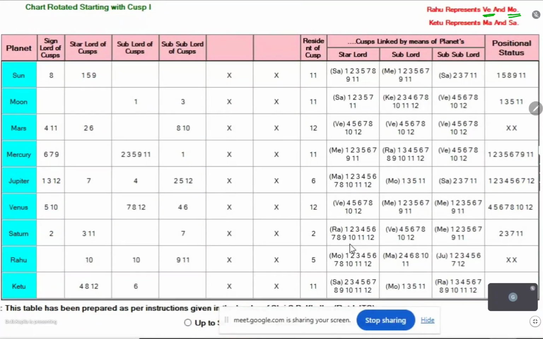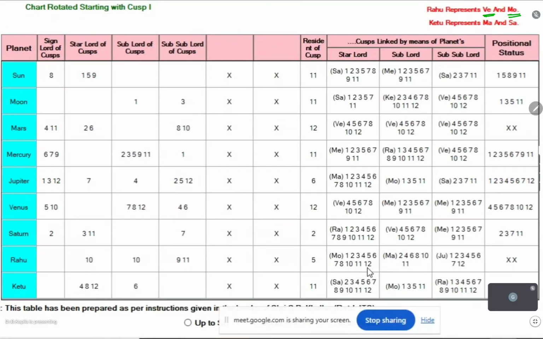Sir, Rahu is not having the PS. Then how do you get 5 as residence? Nodes with or without PS, their position is always taken. No, sir, if there is no PS, then you need not count the houses.